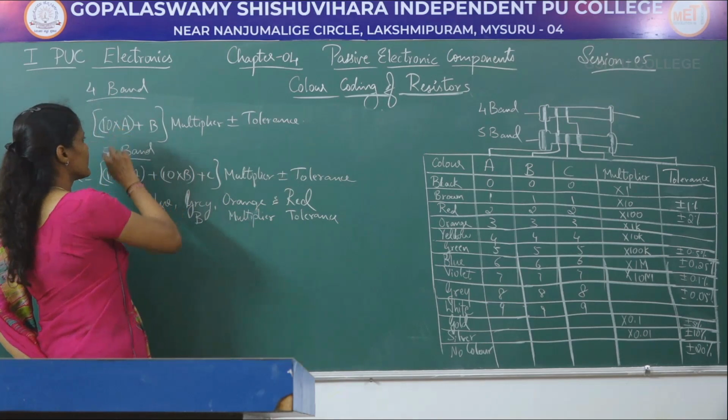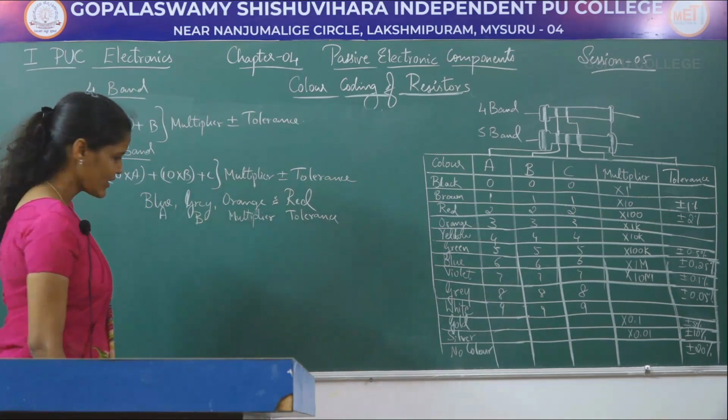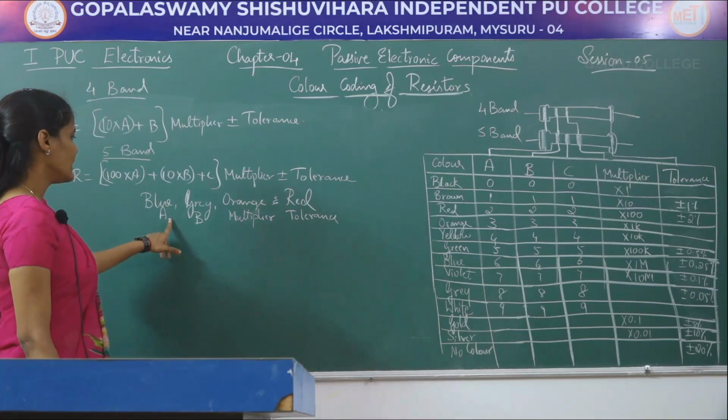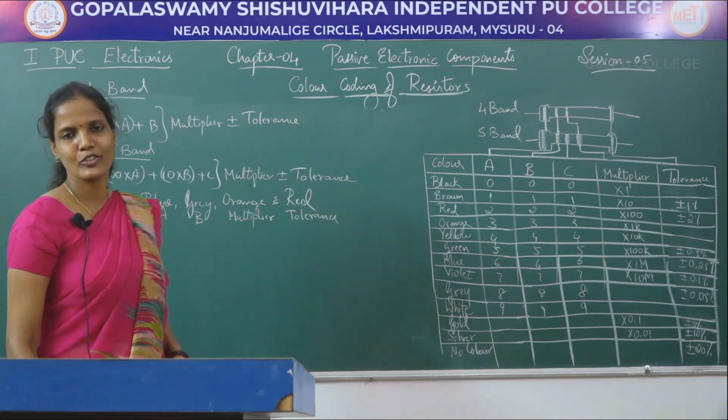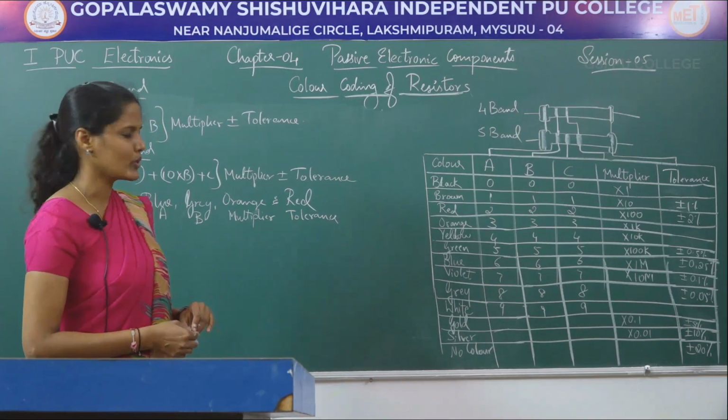So you have to use this formula: R is equal to 10 into A plus B into multiplier, plus or minus tolerance. Where A and B are nothing but the numerical values corresponding to the colors, which can be easily found out using this color coding table.